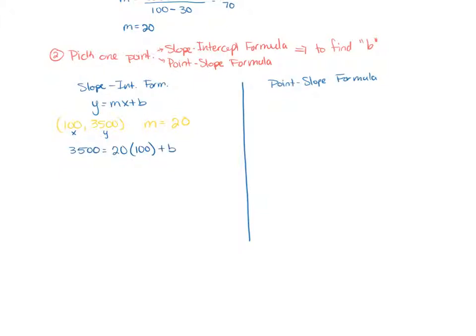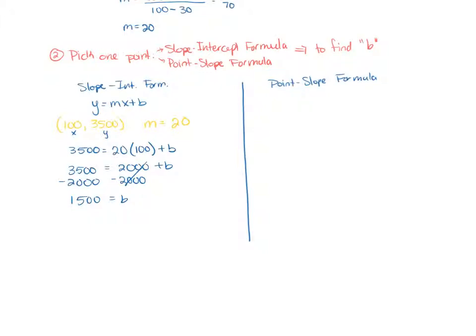And we don't know what b is, but that's what we're going to solve for. So we have 3,500 is equal to 2,000 plus b, and then now we're going to subtract 2,000 from both sides. That cancels out, and we've got 3,500 minus 2,000, which gives us 1,500, and there is your b.